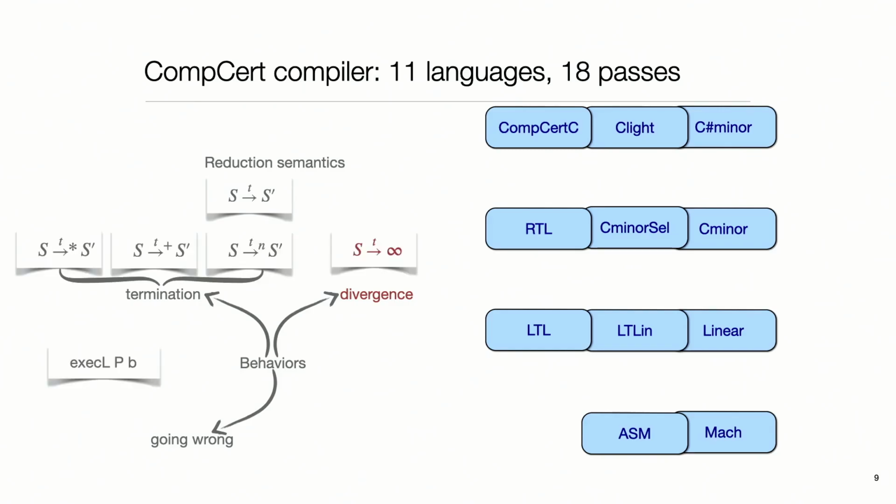From this step relation, and here this is a relation and not a function as in the previous exercise, you can describe the full execution of the program.